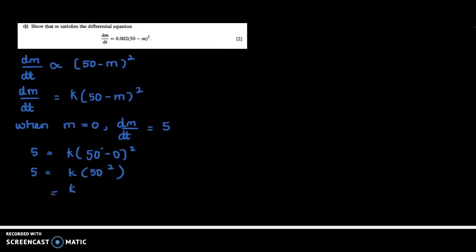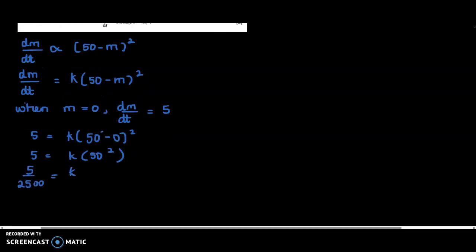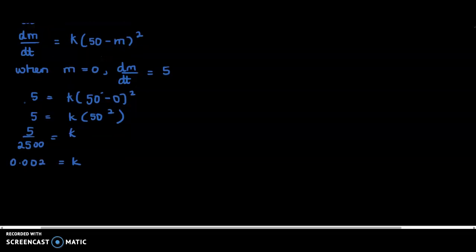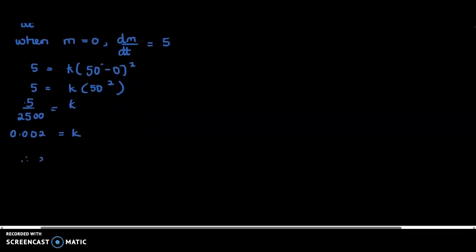So k is equal to 5 over 2500, which is equal to 0.002. So therefore, dm/dt is equal to 0.002(50 - m)².